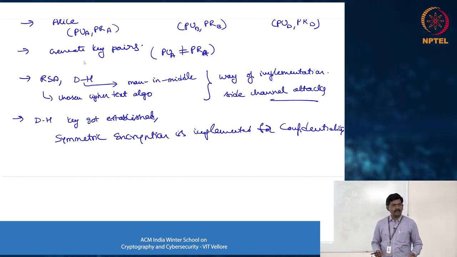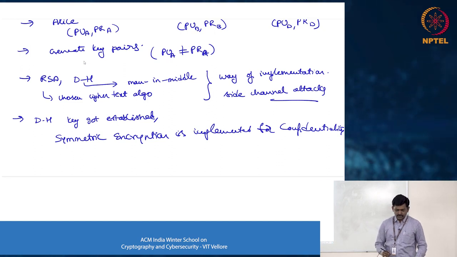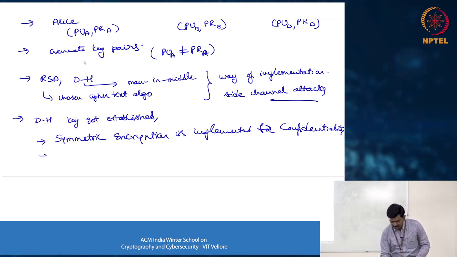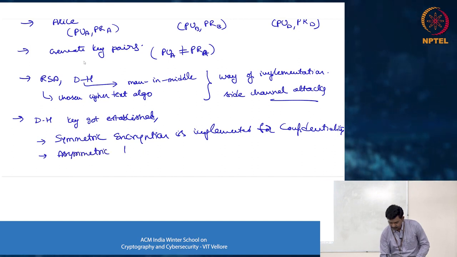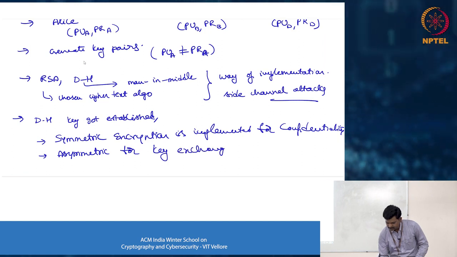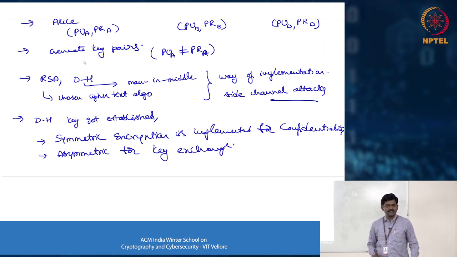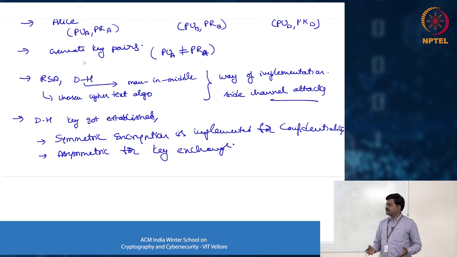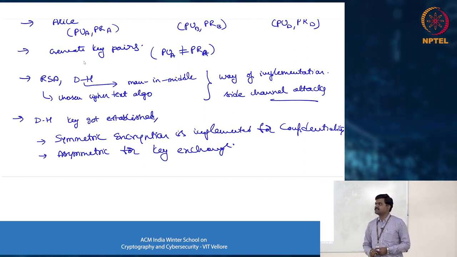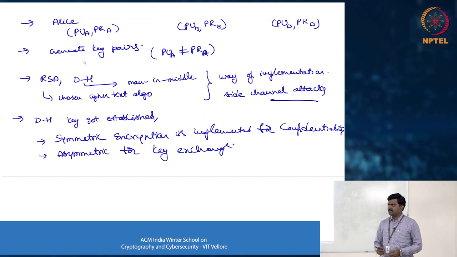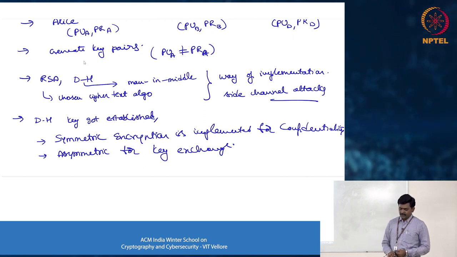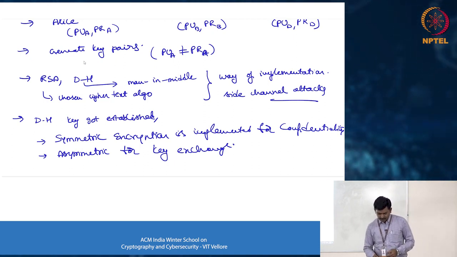Then why are we going for asymmetric? We go for asymmetric for key exchange. Which key exchange? Symmetric key exchange. We said for symmetric algorithms there is a challenge, right? That is the issue.